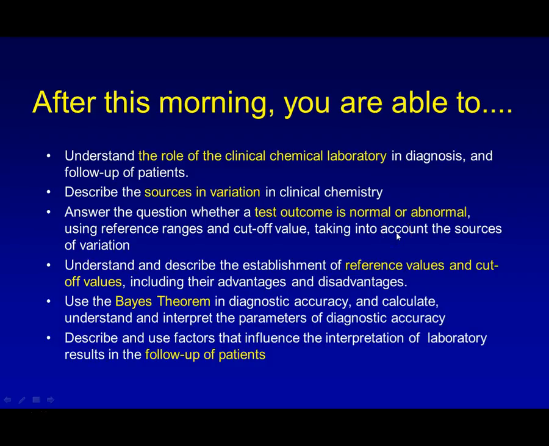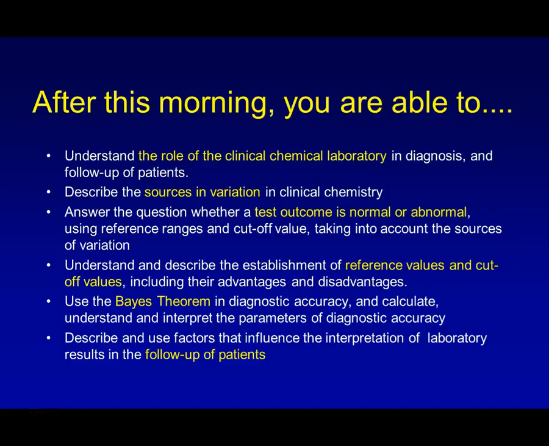So hopefully after this video lecture and after the morning of instruction, you are able to understand the role of clinical chemistry in diagnosis and follow-up of patients, describe the sources of variation in clinical chemistry, and answer the question whether a test outcome is normal or abnormal, making use of reference values and cutoff values, and taking into account sources of variation.